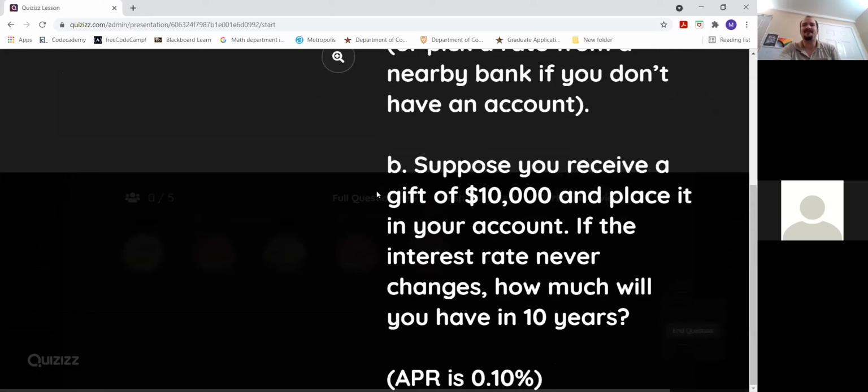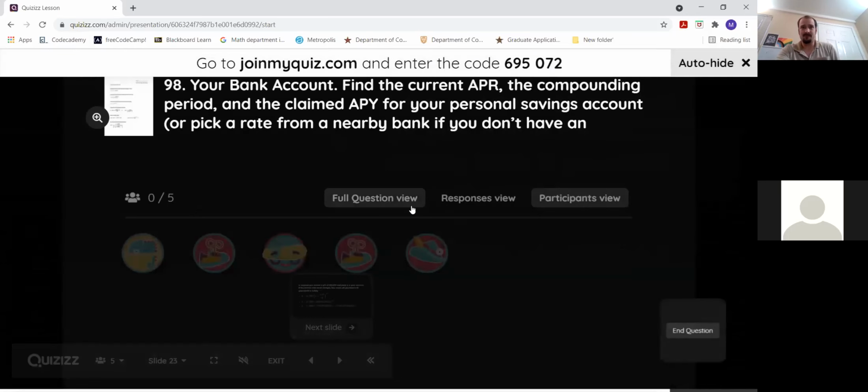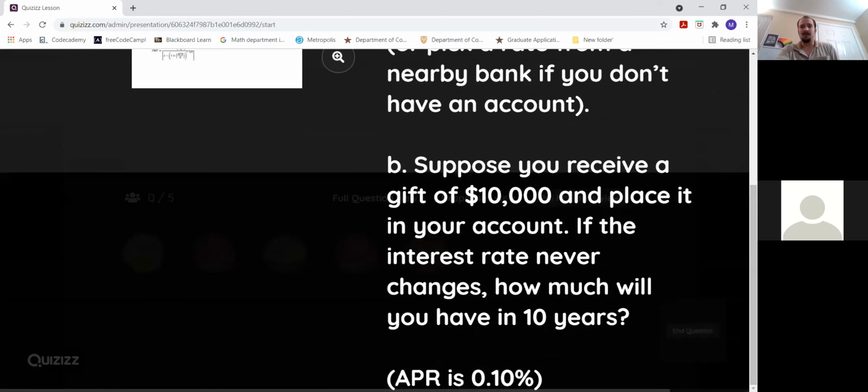So suppose you receive a gift of $10,000 and you put it in that account. Your interest rate doesn't change. How much will you have in 10 years? So this is fair. We want to do an APR of 0.10, done monthly for 10 years with a principal of 10,000. I think that all falls into our formula. And remember, put 2 more zeros in this thing.